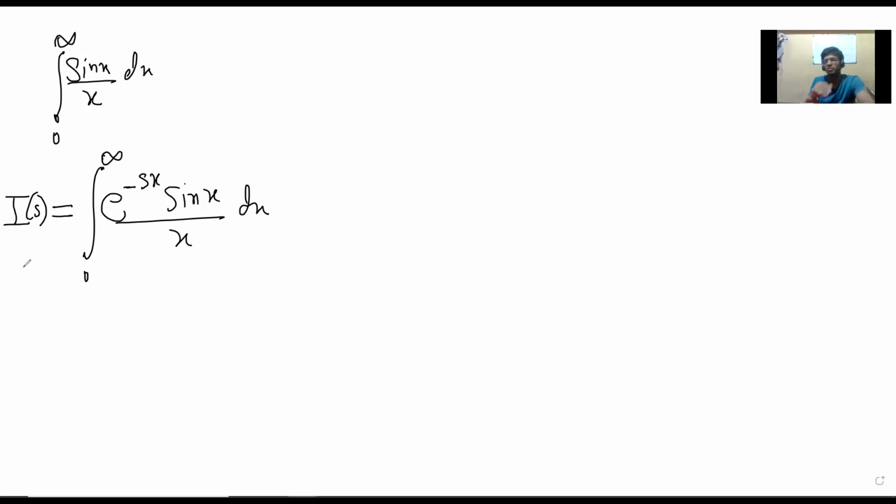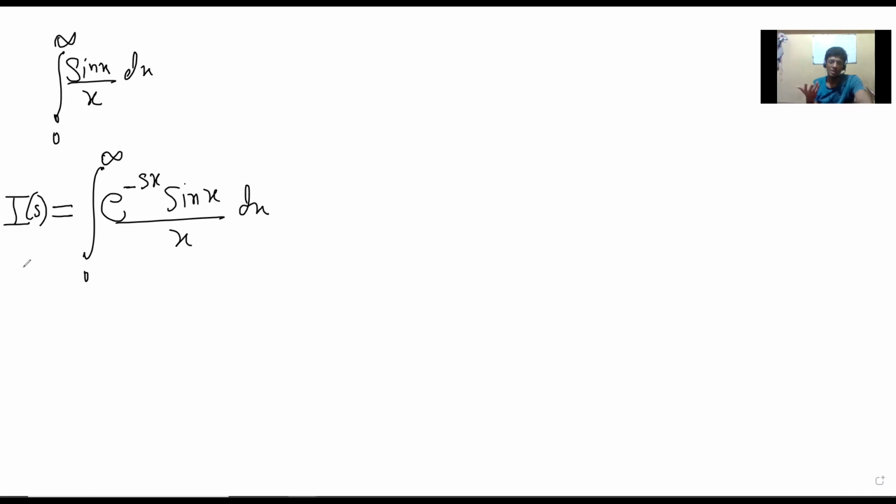Now the standard way to do this is you first differentiate this with respect to s. Then you get a simpler function which you can easily integrate with respect to x, and then in that answer you just put s equal to 0. That's the idea.